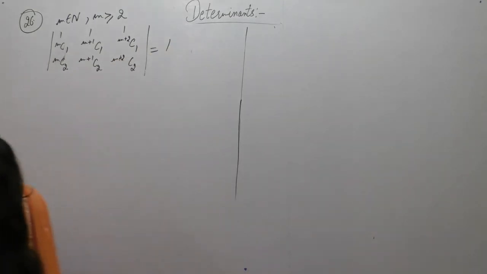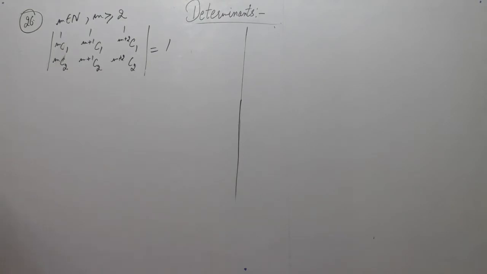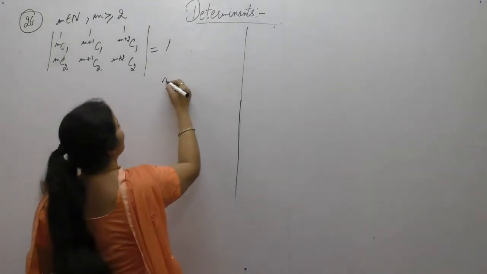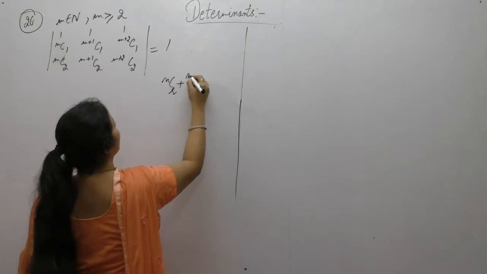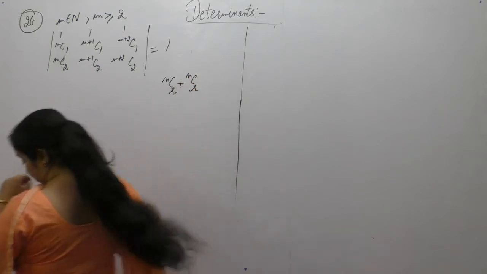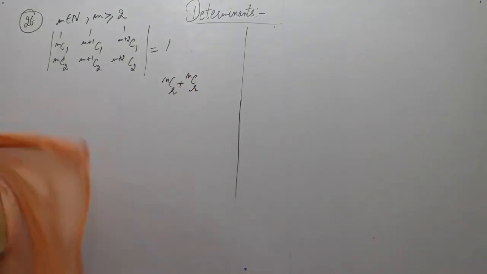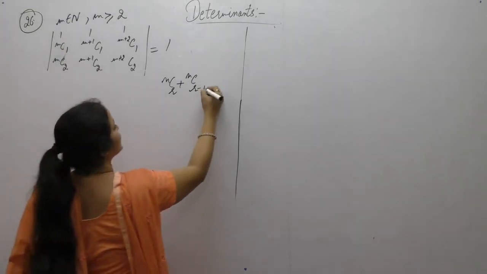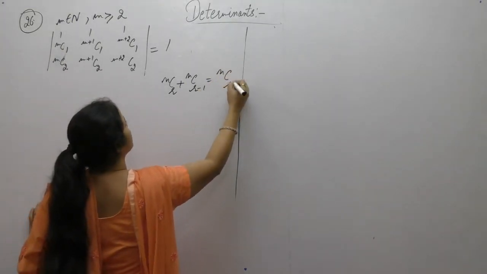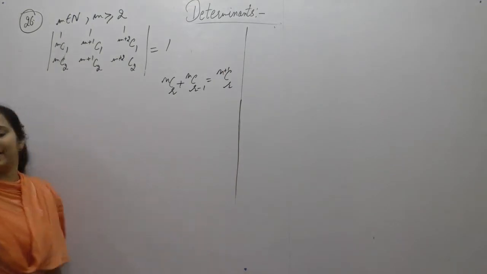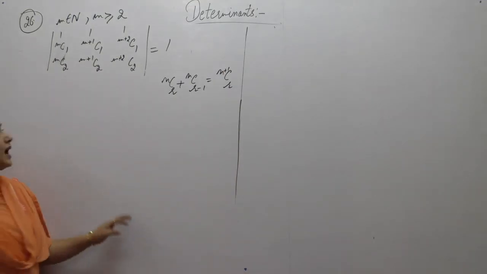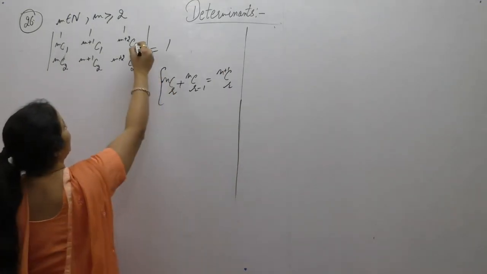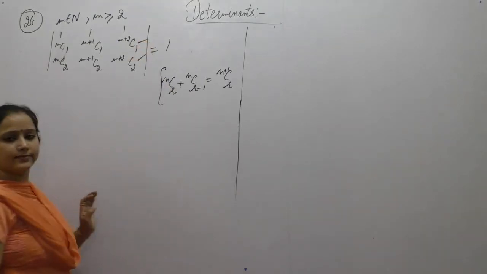is equal to 1. Now we have one property, that is nCr plus nCr minus 1 is equal to n plus 1 Cr. We will use this property in these two terms.